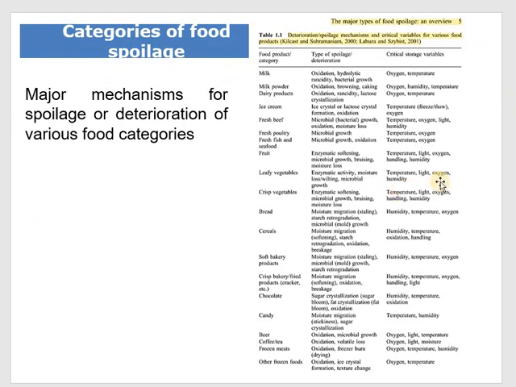The temperature, very important, the light, oxygen, and definitely the humidity if it has to do with your wilting, the moisture loss or moisture migration. The last one, then, we can talk about beer: oxidation and microbial growth. So very important are oxygen, light, and temperature. So those are the major mechanisms that you need to know about.